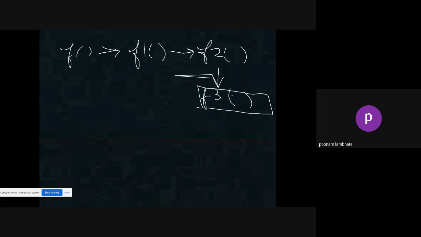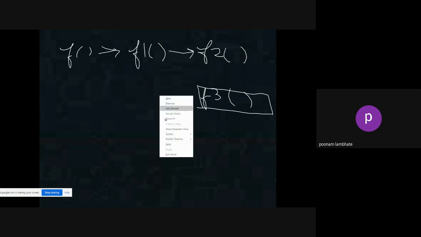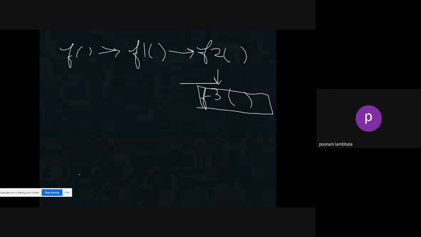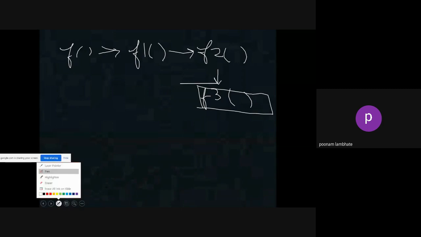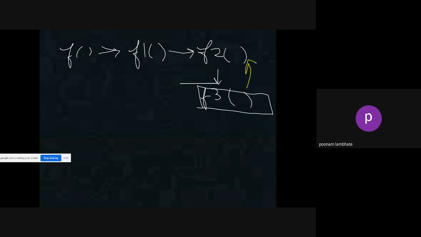Once you solve f3, you need to go back to the function that called it, or its parent function. You'll go back to f2, then solve f2 and find the solution.